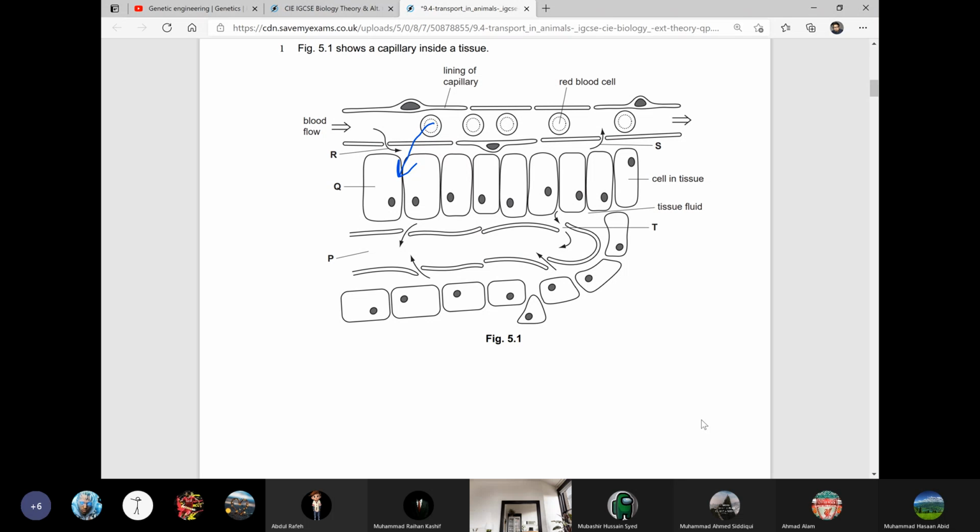Sir, proteins. Not the proteins, amino acids. Why amino acids and not proteins? Because proteins are chains of amino acids. Yes, right. You can answer glucose as well.